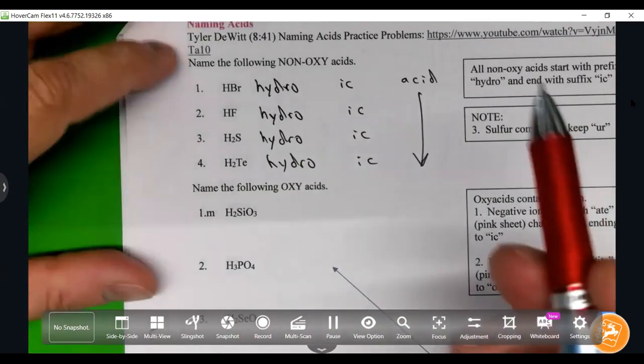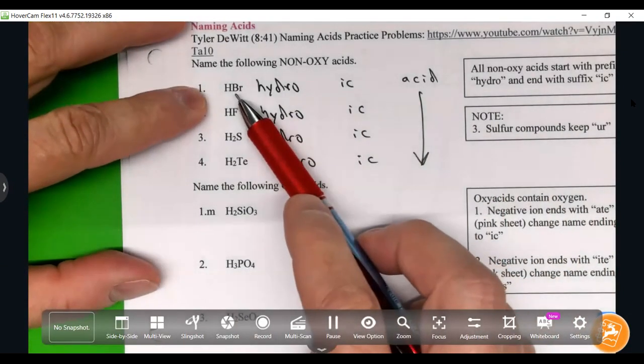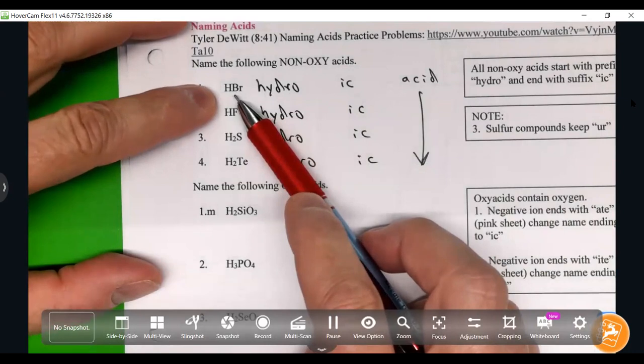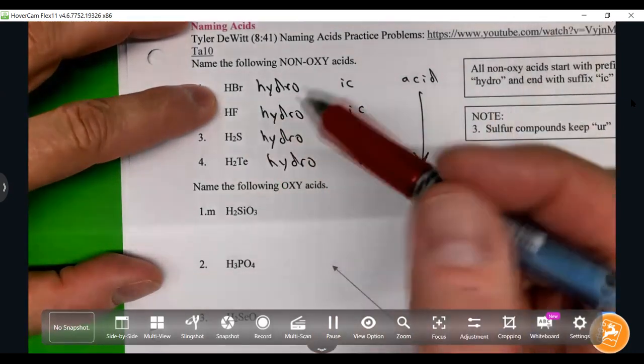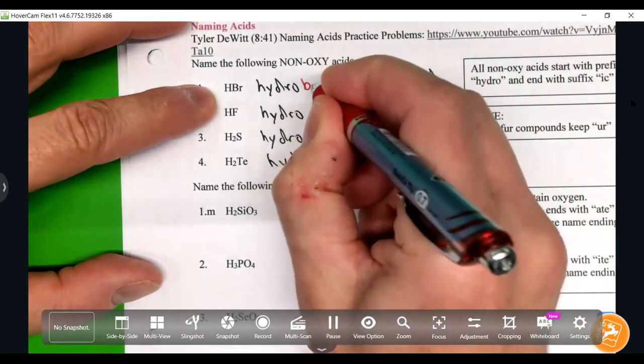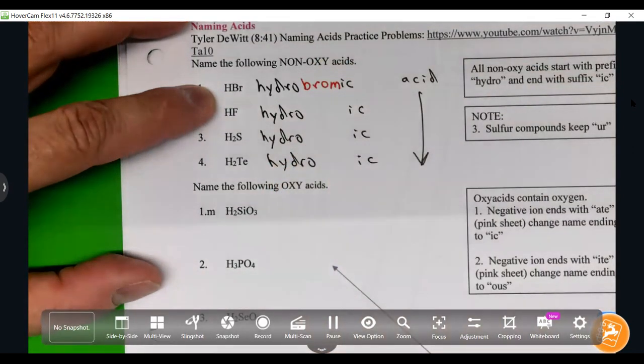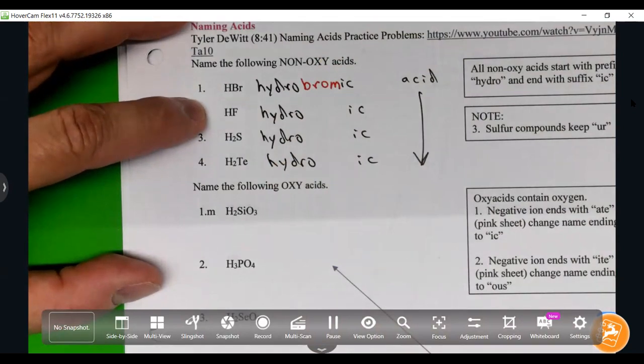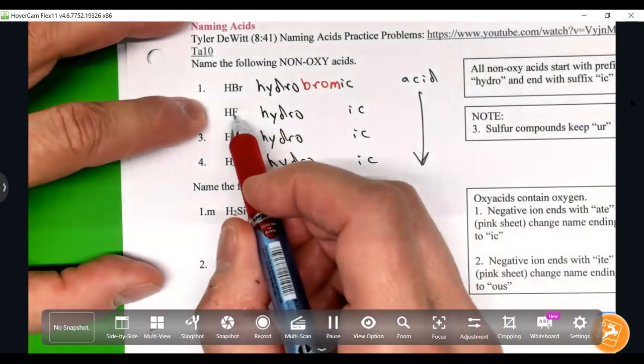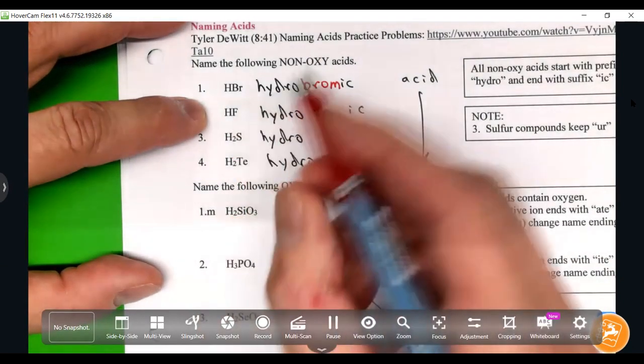So now I'm going to switch colors. This is the same as hydrogen bromide. We have hydrobromic acid. HF, F is fluoride.